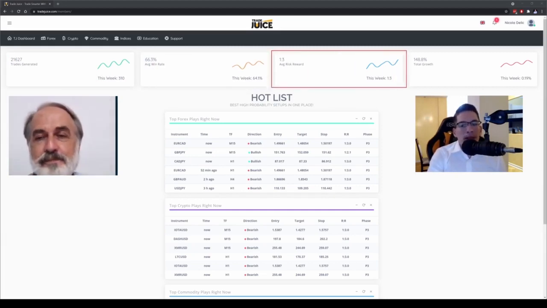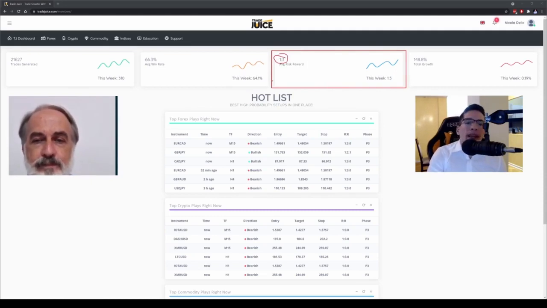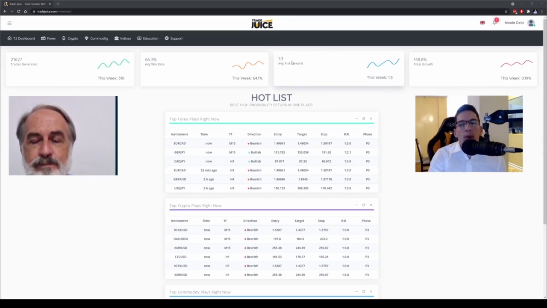After it, we have the education center, and we have a support. Most people that are using the Tradejuice are mostly on this part. Like, you don't need to have 20 things open just to not miss the trade. Everything that you need to find the trade is right here.